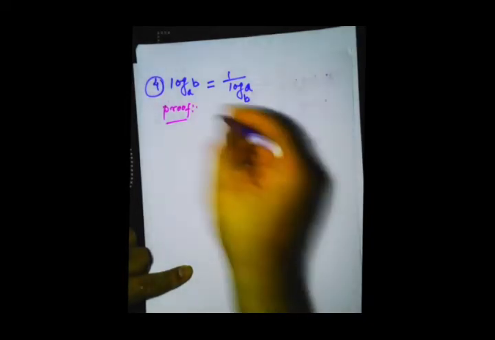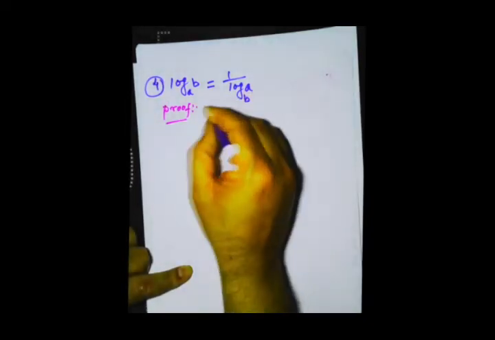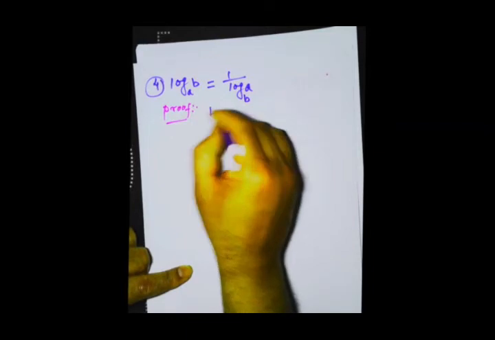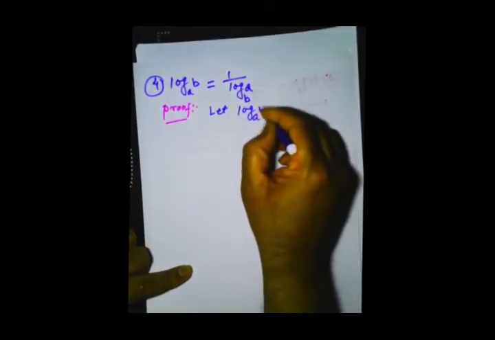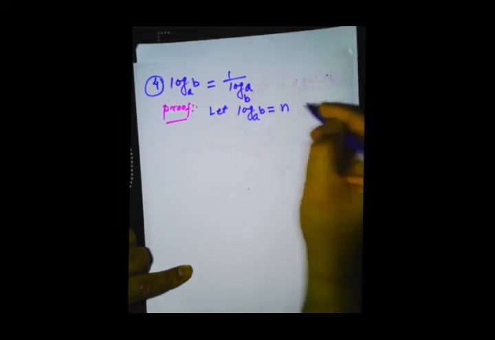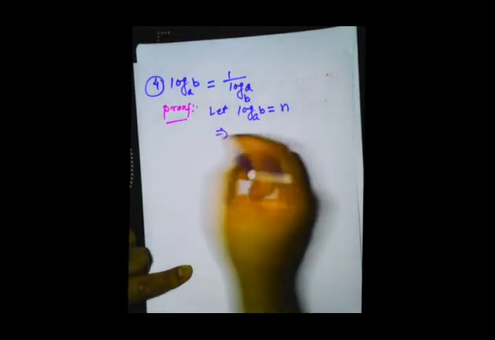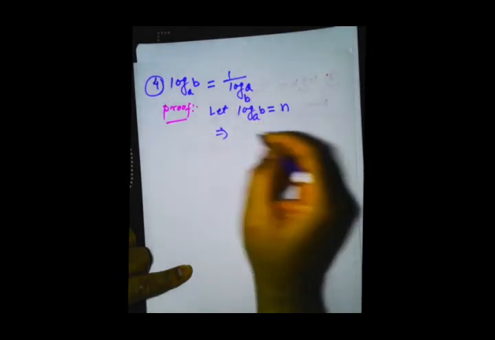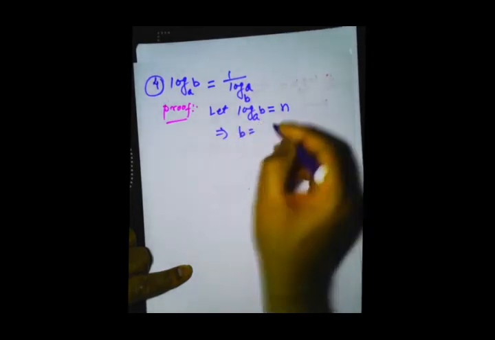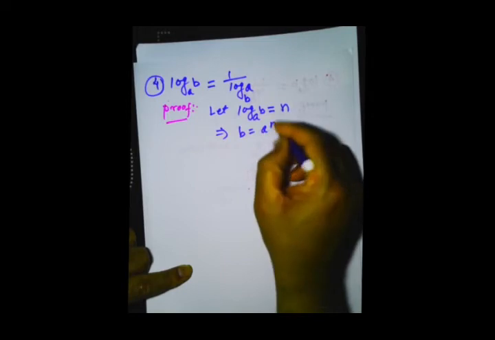In order to see the proof, you can suppose any of these numbers. So I'm supposing the first: let log base a of number b equal n, and if you convert that into exponential form, it's going to be b equals a to the power n.